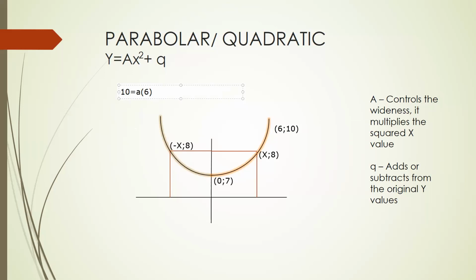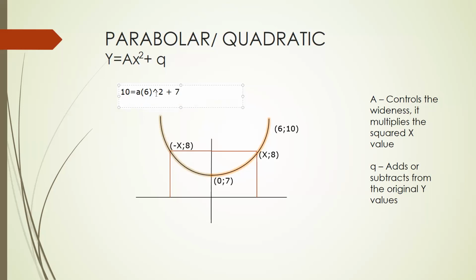Okay, there it is. Squared, 6 squared, plus our q, which we established is 7.